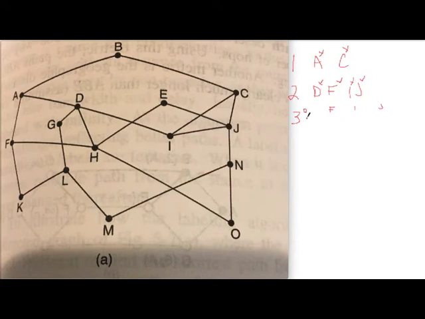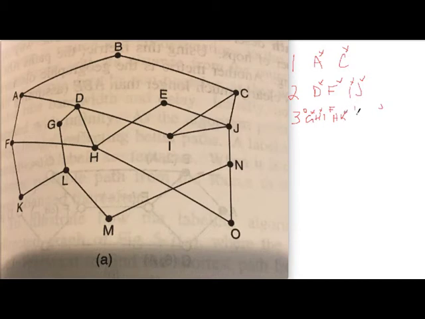So D sends to G, H, and I. I has already been seen, it's not on the sync tree. So F sends to H and K. And K is on the sync tree.